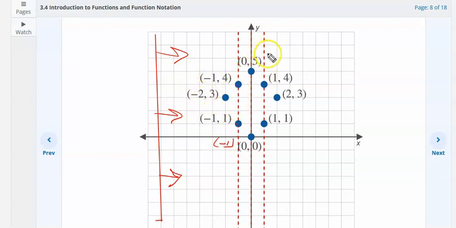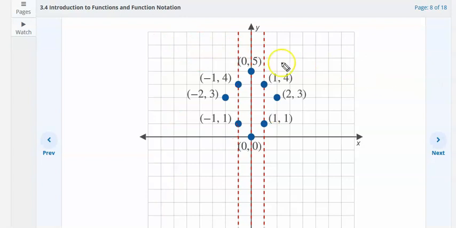And in fact, if you go a little further to this line, you see the ones are used more than once. So the -1's used twice, positive one's used twice. This is not a function. And we use that imaginary vertical line that we pass over the face of the graph.